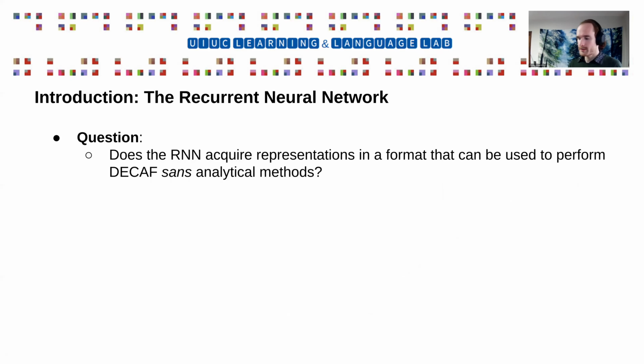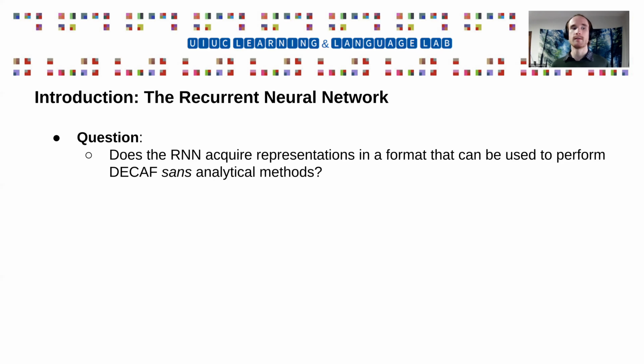And ultimately, the question now becomes a bit more technical, right? Because if we're interested in plausibility, and in building a sort of unified model where each step in that model is cognitively plausible, we have to ask ourselves, okay, well, can the RNN acquire representations in a format that can be used to perform decaf? So we know in principle the knowledge is there.